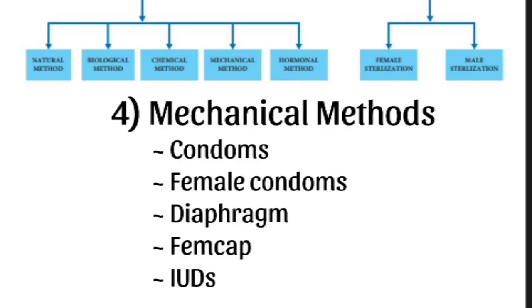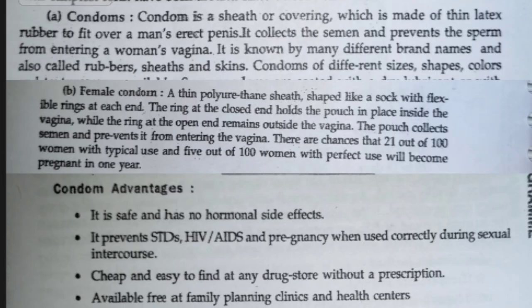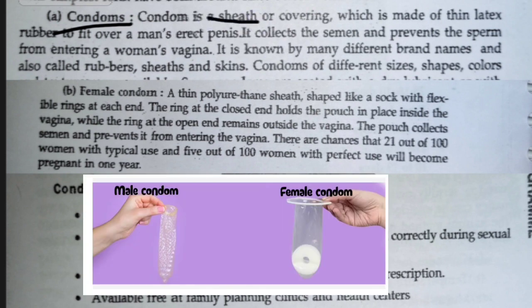And next we have the fourth method, the mechanical method. In the mechanical method we have condoms, female condoms, diaphragm, femcap, and IUDs. First, the condom. Condoms are sheet-like structures made of latex that cover the man's penis.